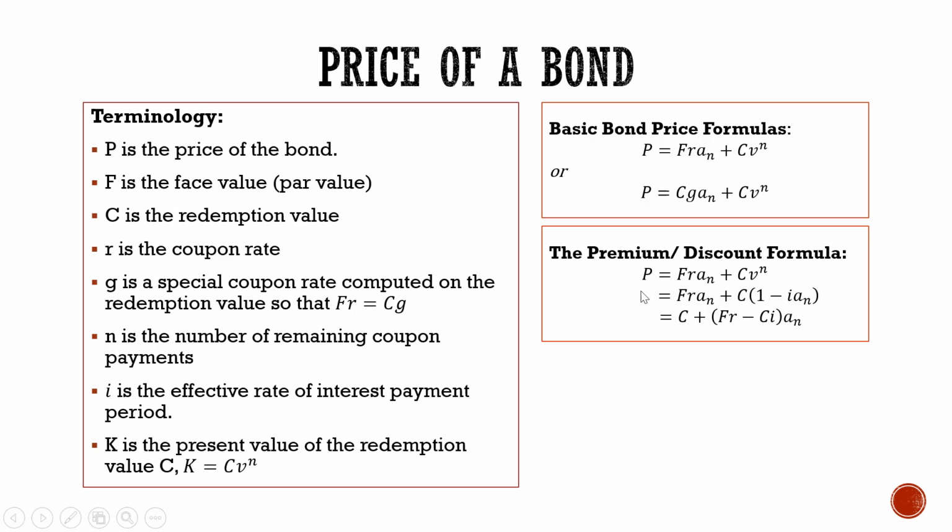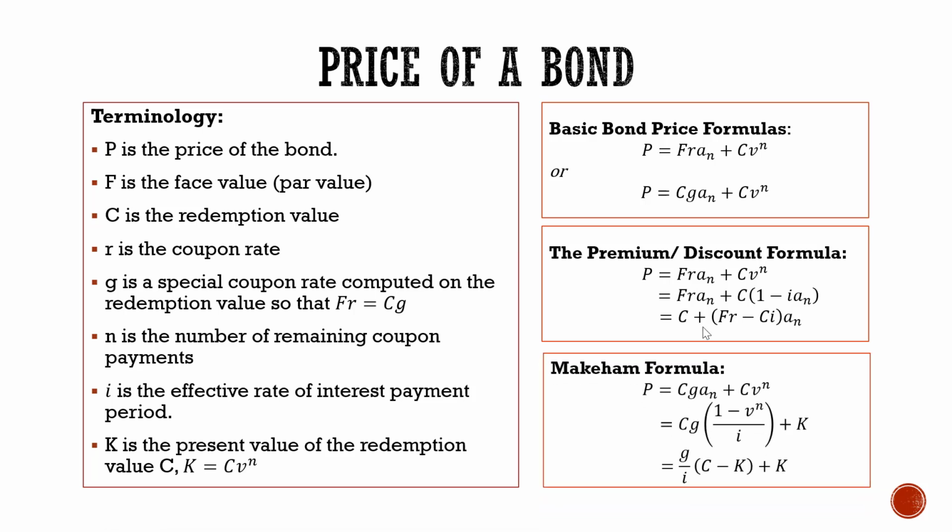So in this formula, P is the price, C is the redemption value. This quantity, (Fr minus Ci) times a angle n, can be either a premium or a discount depending on whether it's positive or negative. So the premium and discount amount basically tells you the difference between the price and the redemption value at the end of the term.